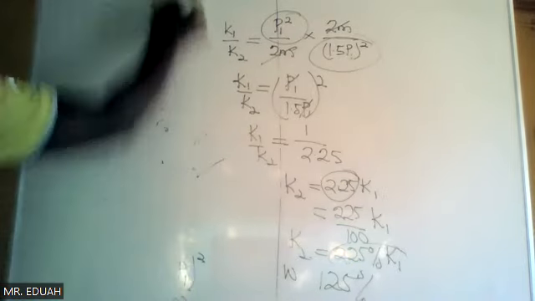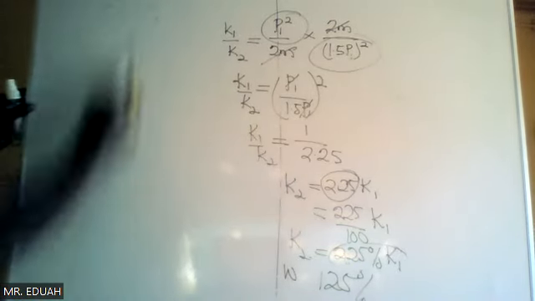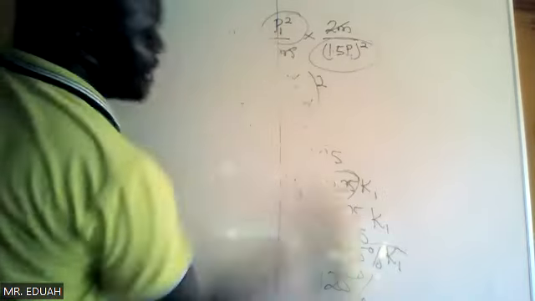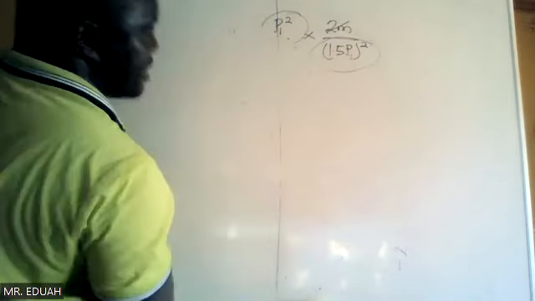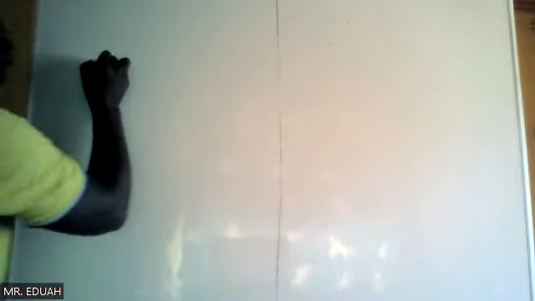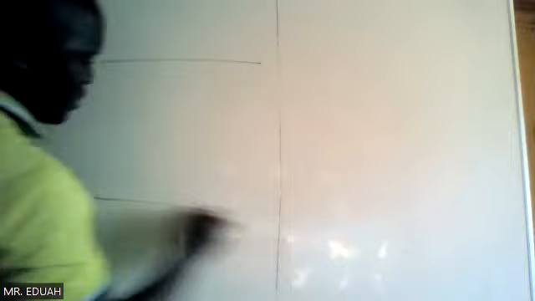It means that the distance from the top of the tower to the ground for each one of them is the same. Let's assume this is the top of the tower. This is the ground.